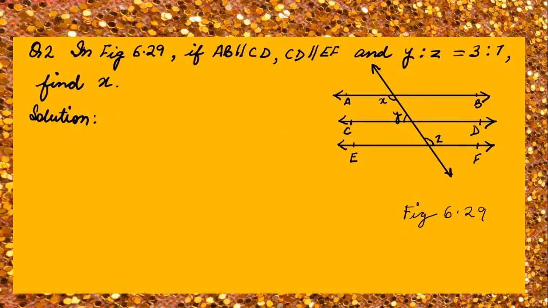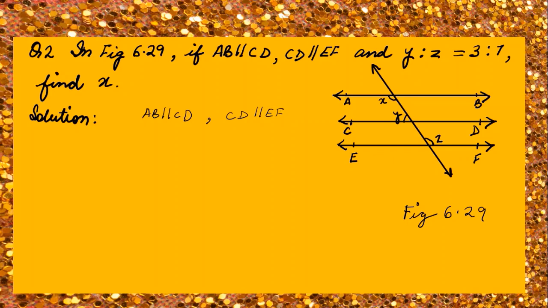In figure 6.29, if AB parallel to CD and CD parallel to EF and Y is to Z equal to 3 is to 7, then find X. Okay, now here what they are saying, that AB is parallel to CD and CD is parallel to EF.